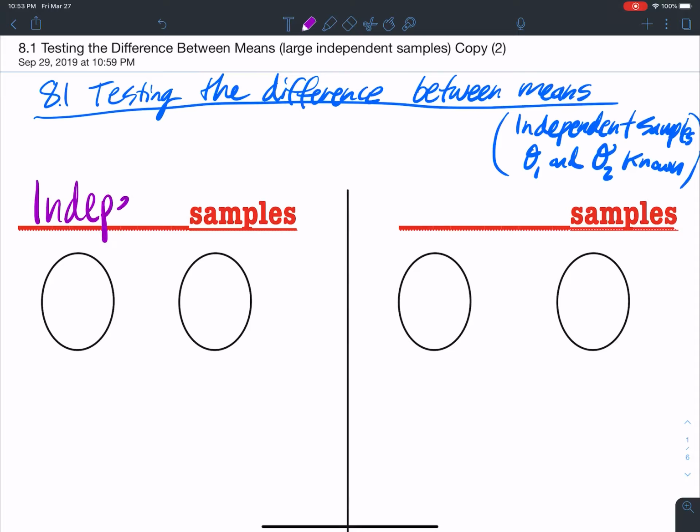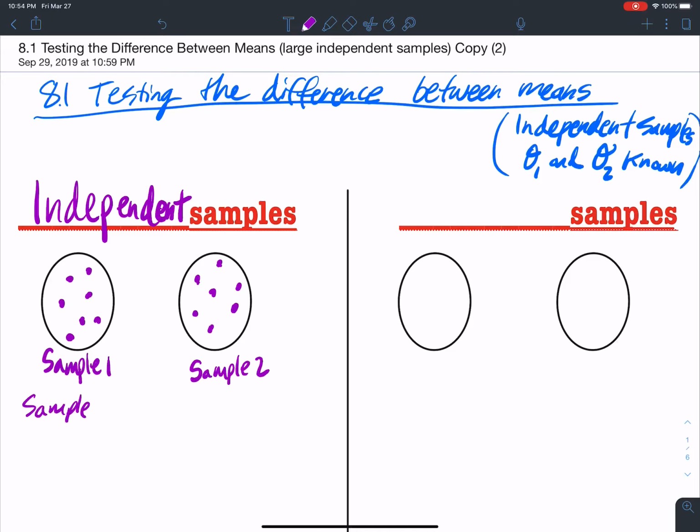Independent. What does an independent sample look like? So say I have a sample 1. So I've got some dots over here. And I've got a sample 2. Got some random dots over here. Those are my data points. So what does it mean to be an independent sample?